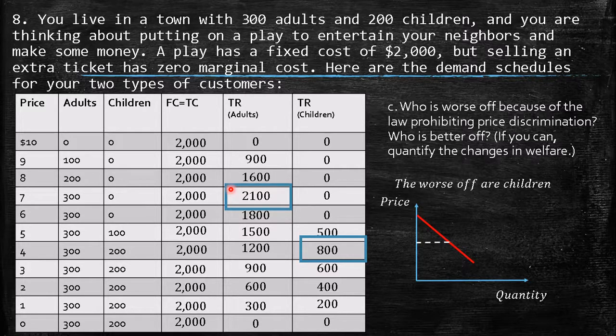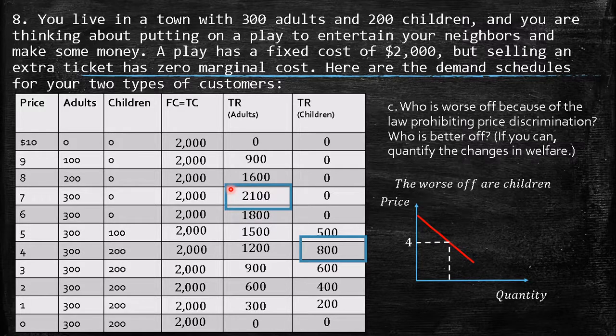Here we can suppose that this red curve is the demand curve associated with the children, which we can assume has a downward shape, because once the price is higher, the quantities consumed are less.